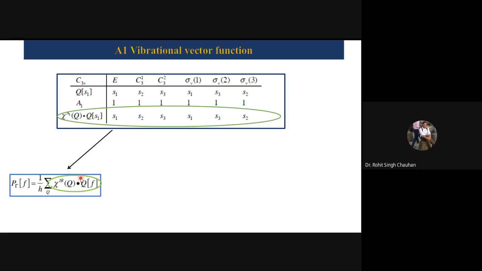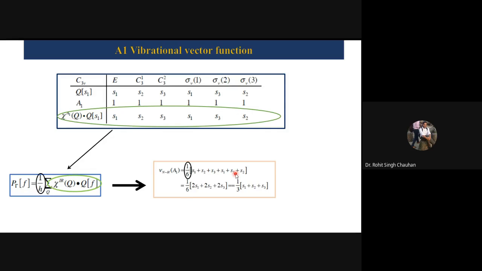Okay, so next is 1 by 6. What we have written, we have added because it is a summation symbol. So S1, S2, S3, S1, S2, S3. The next is 1 by h. Again you know how many symmetry elements there are: 1, 2, 3, 4, 5, 6.